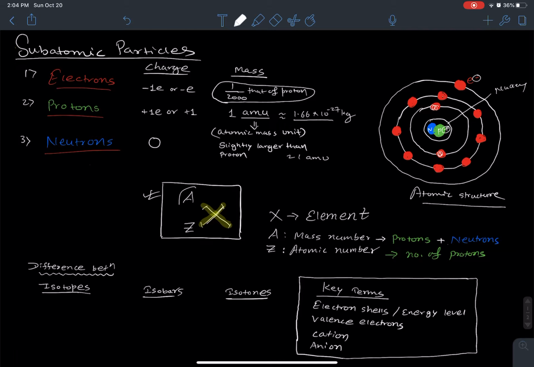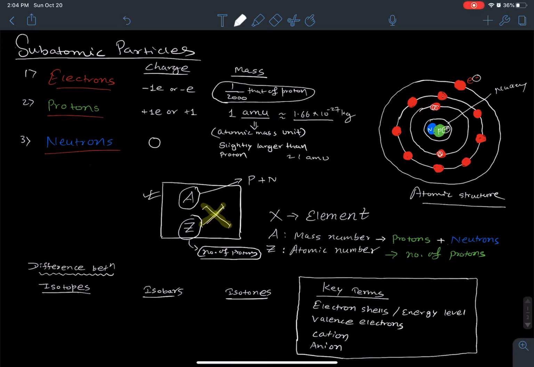A is called the mass number, and Z is called the atomic number. The mass number is the combination of protons and neutrons, but Z is the number of protons. So what does that mean? The number of protons gives the identity to the element.